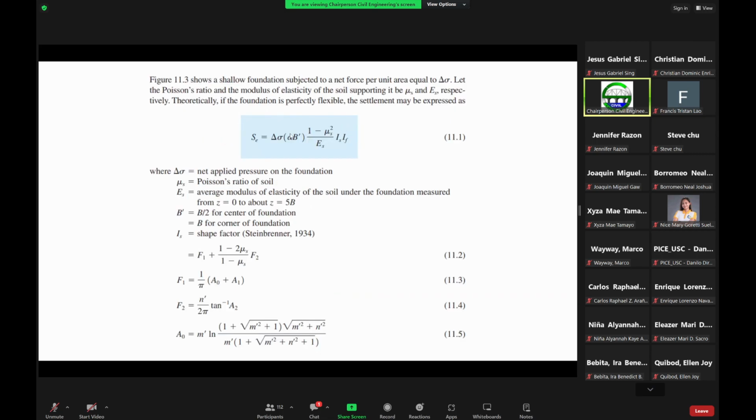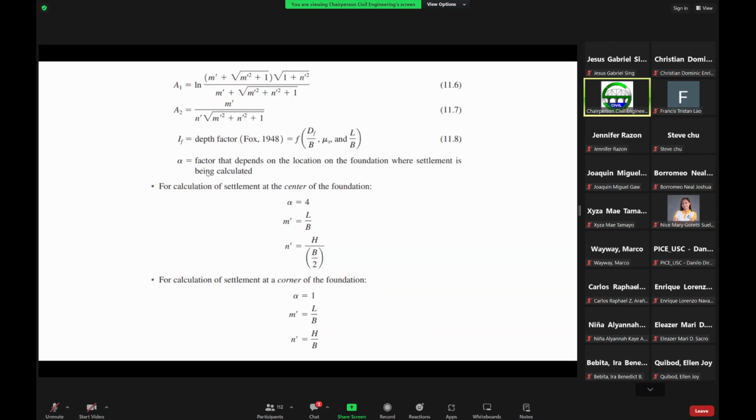And then lastly, you have here your alpha. So alpha is a factor that depends on the location on the foundation where the settlement is being calculated, whether you are calculating at the center of the foundation or at the corner of the foundation.